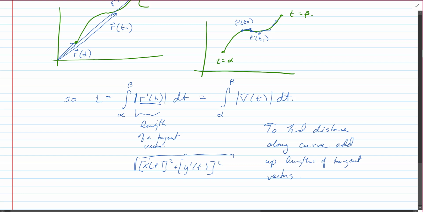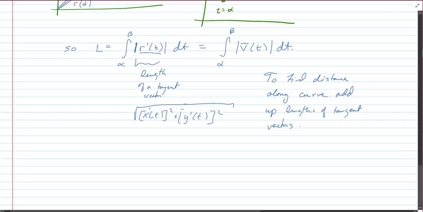That viewpoint is very similar to our original viewpoint, but another way to say that is, if these are tangent vectors' lengths, we're adding up the speed, and this is the whole point of this video, I think. This is adding up various speeds over small intervals of time.